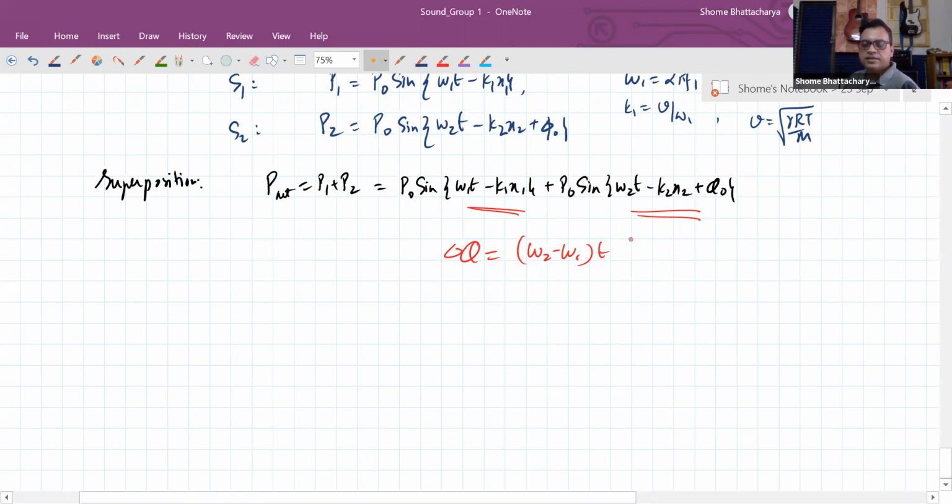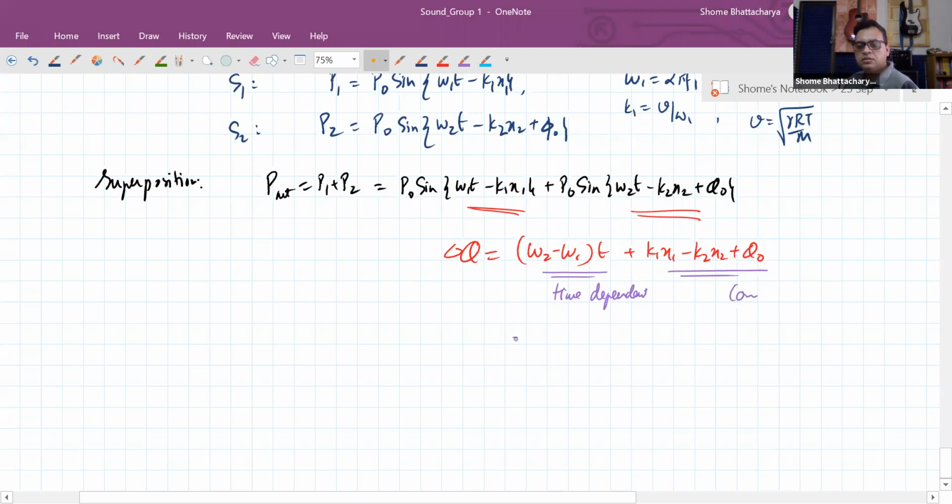The rest of the terms don't matter so much, because that's a constant. So the phase difference consists of a time dependent part and a constant term.